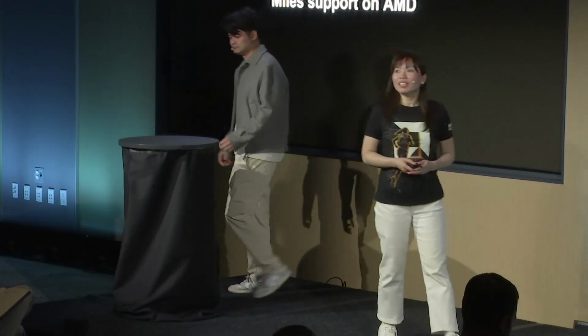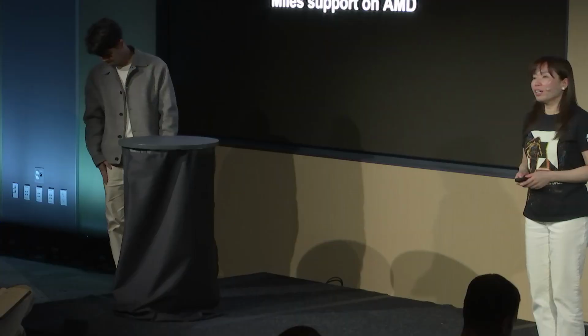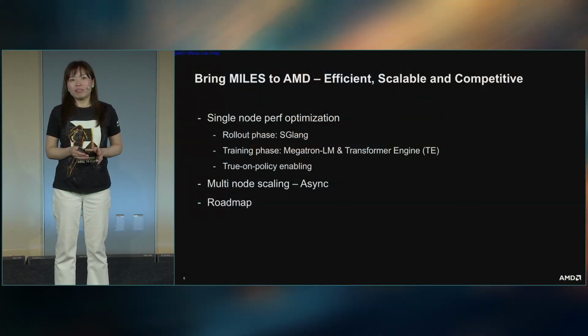So today, the full end-to-end Miles pipeline is already running on AMD. Our goal is not only to make it run, but also to make it more scalable, efficient, and competitive. As we know, RL workloads are rollout-heavy and memory-bound, and require very tight coordination of inference and training.